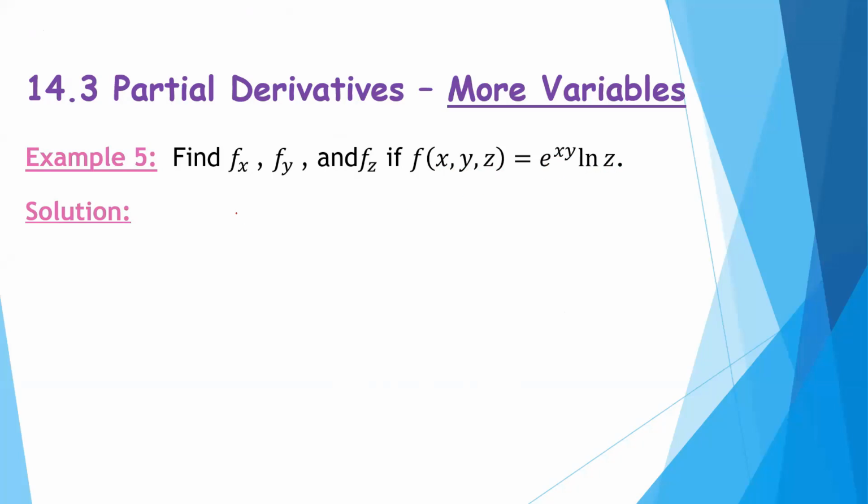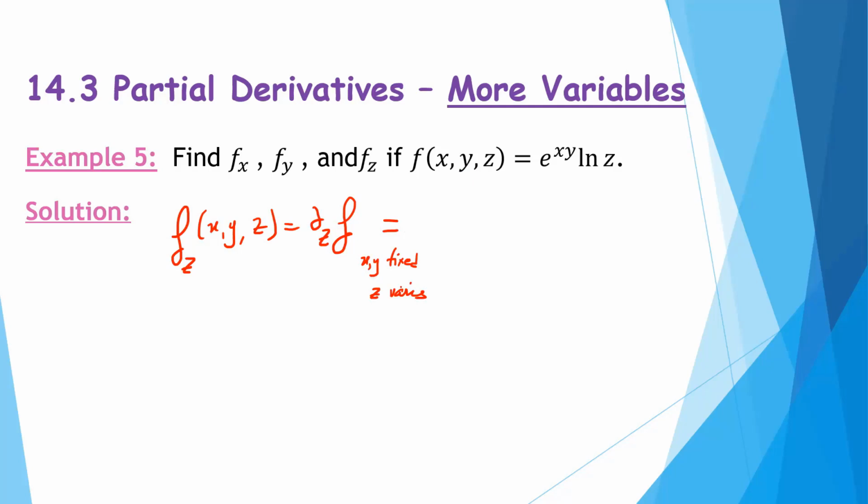So here we can define fx, fy, and fz: the partial derivative with respect to the first variable x, to the second variable y, or to the third variable z. Let's start. Let's see fz, for example, or dz of f. Here x and y are fixed, and only z varies.